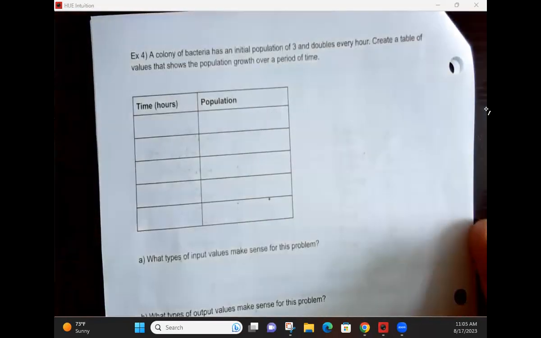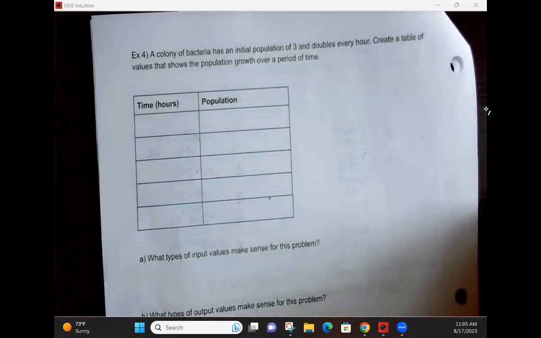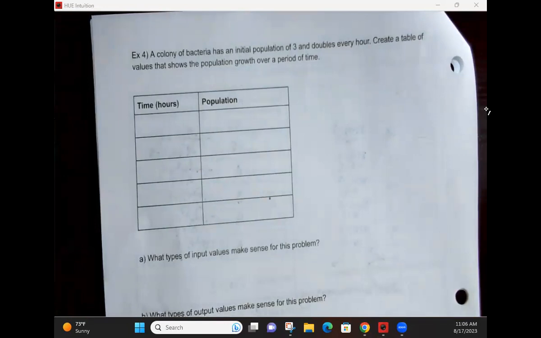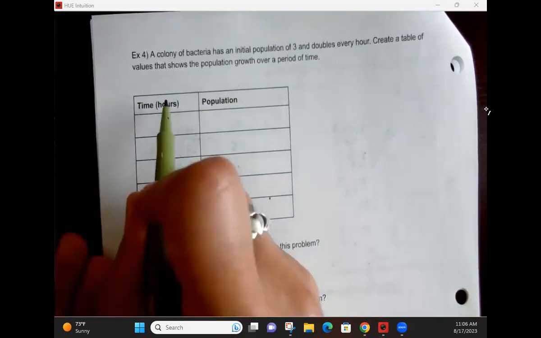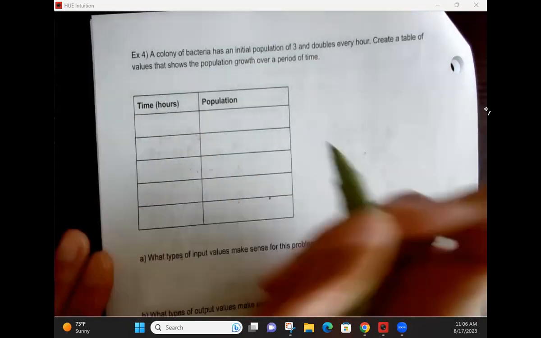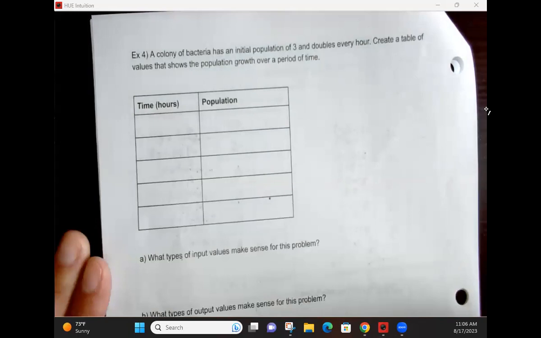we're going to make a table again, but this time I'm not giving you a function to start with. So for example, 4 says a colony of bacteria has an initial population of 3 and doubles every hour. We want to create a table of values that shows the population growth over a period of time. So I've got the tops of your table labeled for you, but I didn't put any values in on this one.